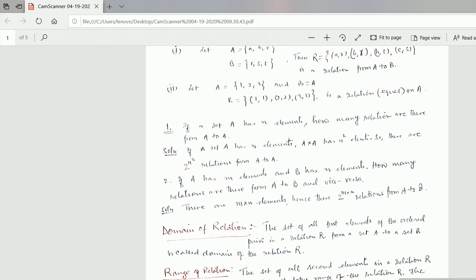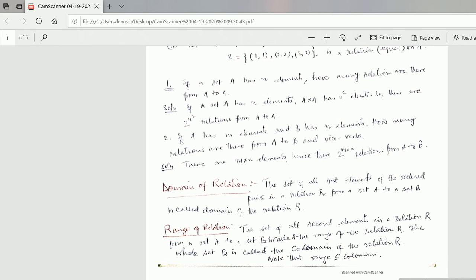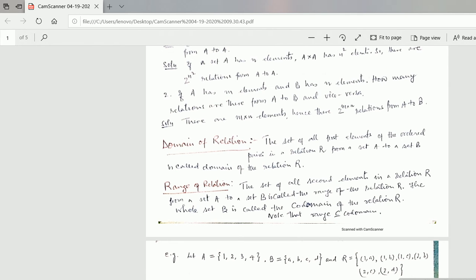Previously we have studied, so there are 2 to the power n square relations from A to A. If A has m elements and B has n elements, how many relations are there from A to B? This is another question. There are m cross n elements, hence there are 2 to the power m cross n relations from A to B.